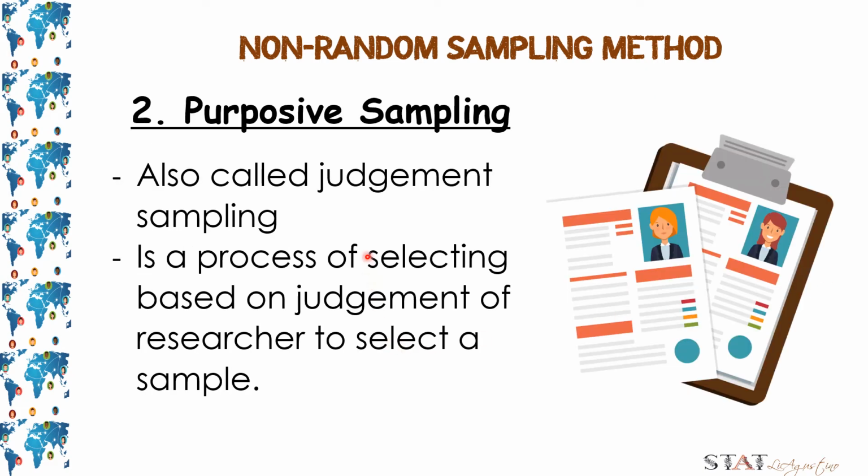We also have the purposive sampling, also called judgment sampling, a process of selecting based on the judgment of the researcher to select a sample.